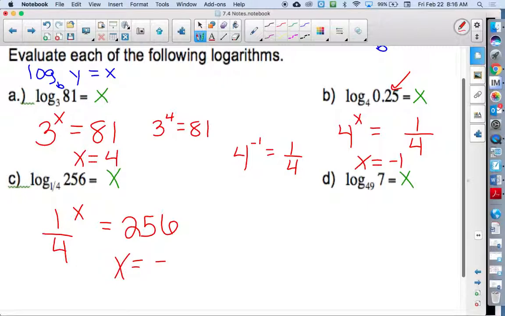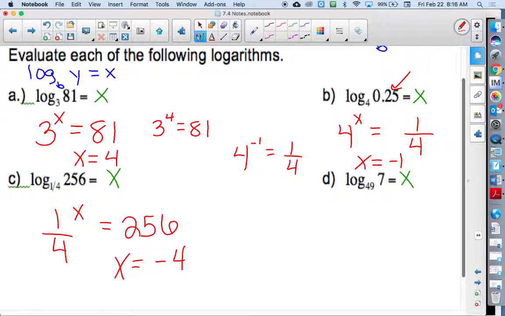So it has to be a negative exponent. What power of 4 becomes 256? Julian? Negative 4. So 4 to the 4th is 256. 1/4 to the negative 4th is also 256.